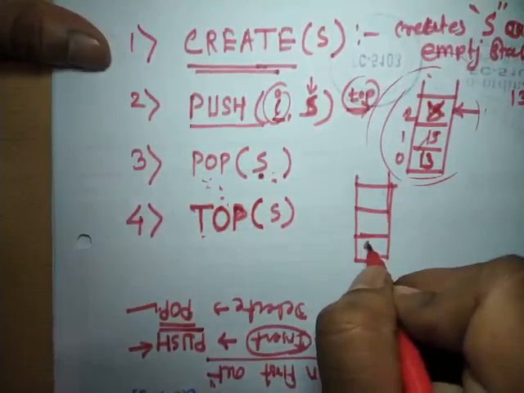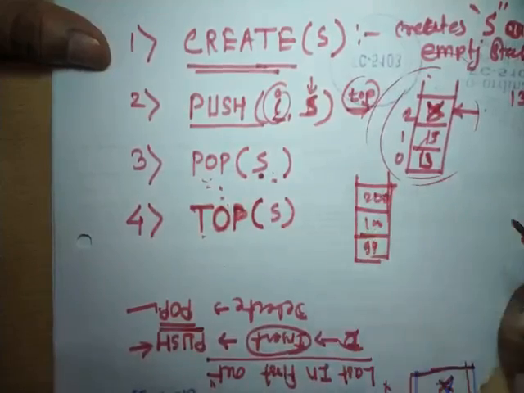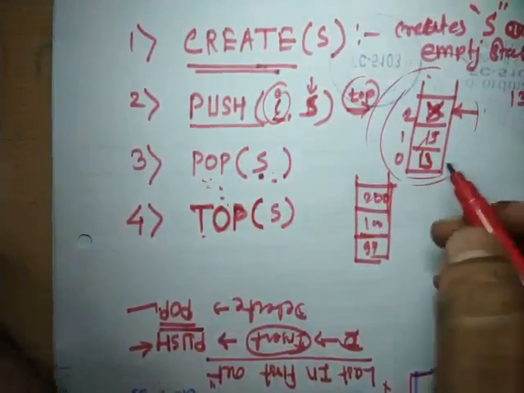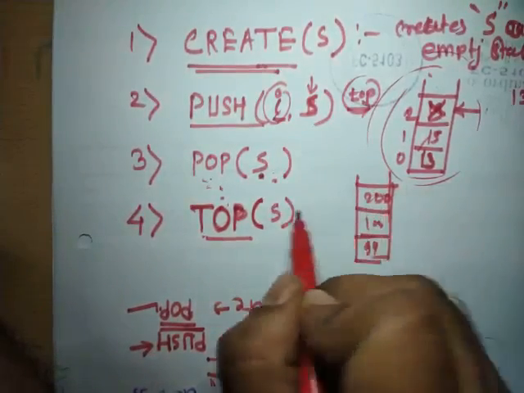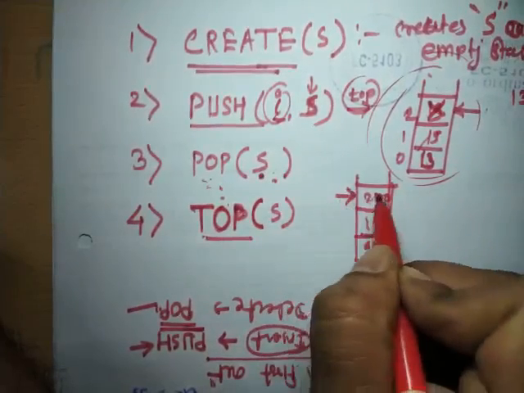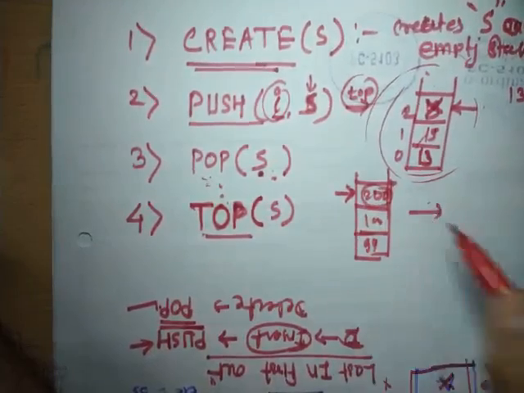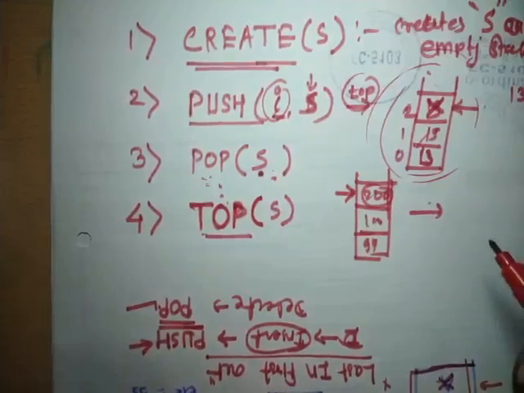Suppose this stack has 99, 100 and 200. The TOP operation takes this stack as an input and simply returns the topmost element, so it will return 200 as the output.